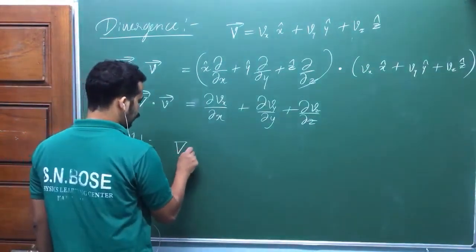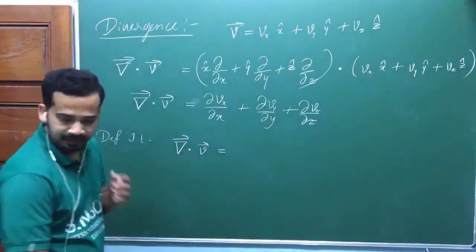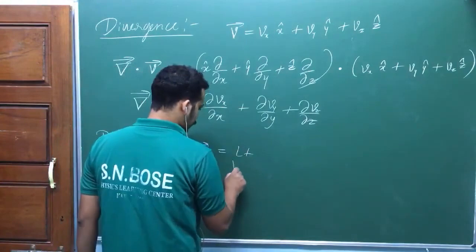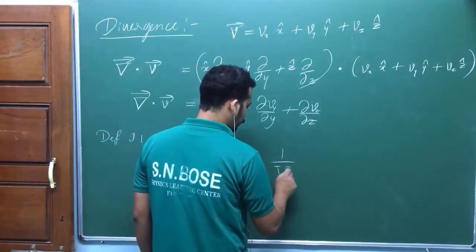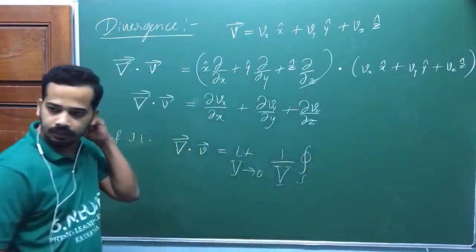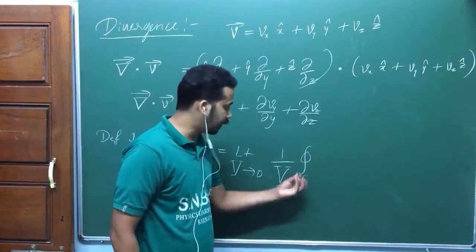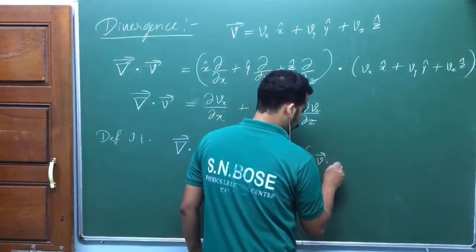Del dot V is equal to the limit, volume tends to 0, of 1 by volume into the closed surface integral of V dot dA, where volume is enclosed by this closed surface.